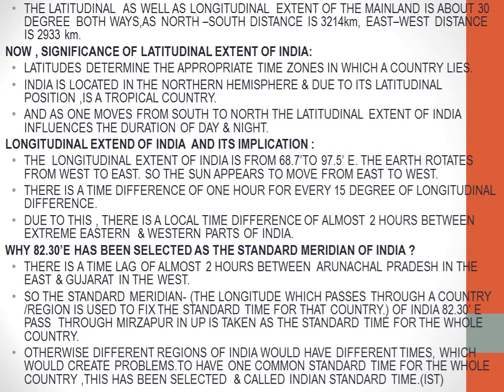Otherwise, different regions of India would have different times and it would have created problems. We could not work properly, as most of our work is now done digitally. So we should have one common standard of time for the whole country. We have selected the standard meridian of India as 82 degrees 30 minutes east, and it is also called Indian Standard Time.